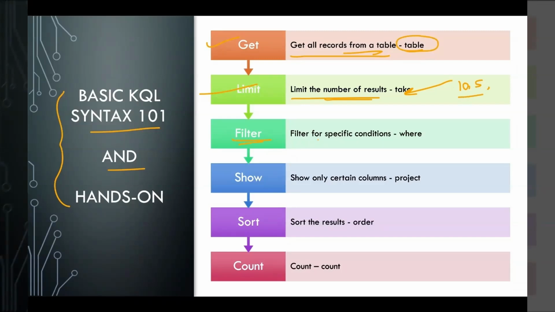Then the filtering part: to filter for specific conditions, you can use where and equal to and then your keyword. This is going to filter the results. And then to show only certain columns, you can use project and list out the columns with commas.